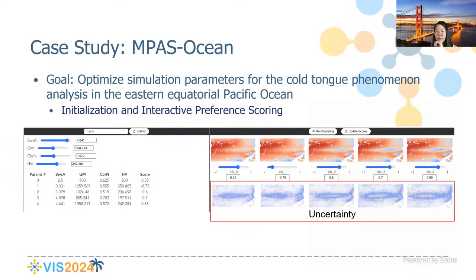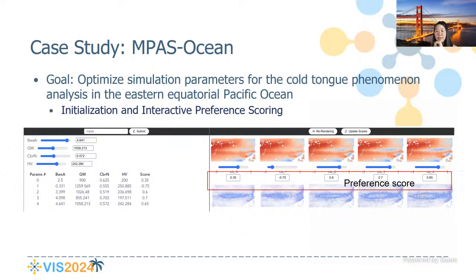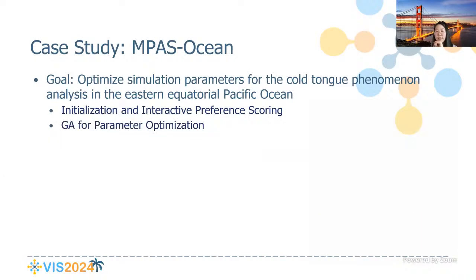and provide quick predictions for both the simulation output and also the uncertainty. Then the scientists will evaluate the volume rendered image of the SurroFlow's output, and they will assign a higher preference score to the output with lower temperature in the Pacific region. This is the feature they are more interested in. The scientists want to get a similar simulation output with lower temperature and with less uncertainty.